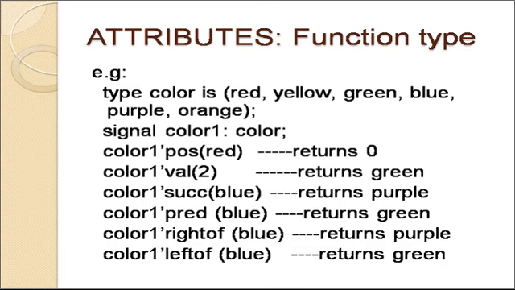Whenever you declare a signal color 1 of the type color which you already declared, color 1 cannot take a value other than red, yellow, green, blue, purple and orange. This is because this type color is a user defined type. I use the word predefined for the types of the language, such as bit and std logic. Now if I talk about color, this color is nothing but a user defined type.